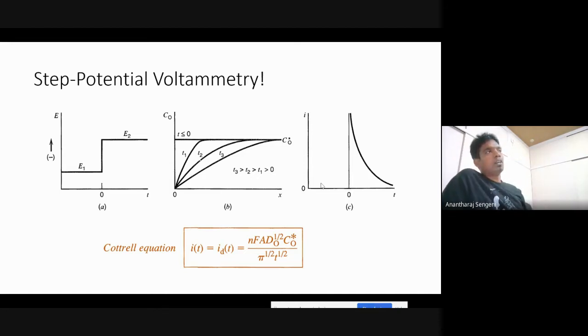If you plot the current response against square root of time, for all Faradaic response, you will have a linear decline in current, but the capacitance current will show you an exponential decay. So that is how you can easily distinguish the diffusion limitation effect from the current you observe in chronoamperometry. This is what is called the Cottrell analysis of step potential voltammetry.